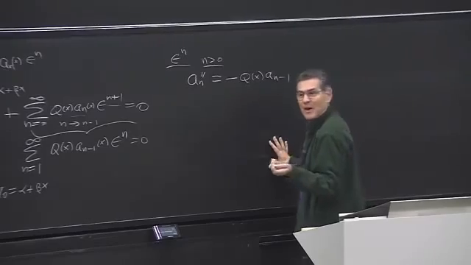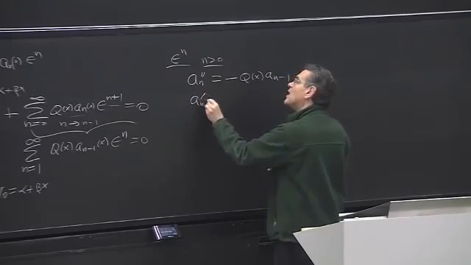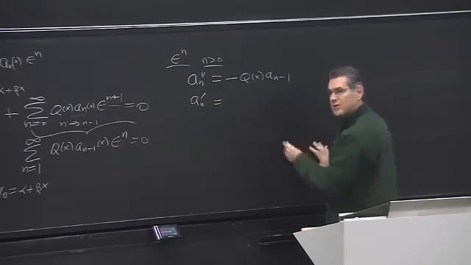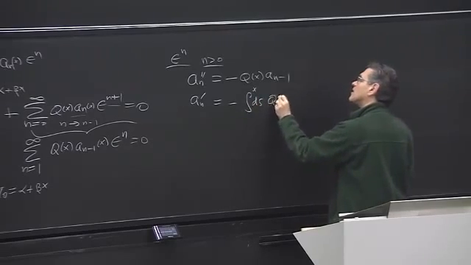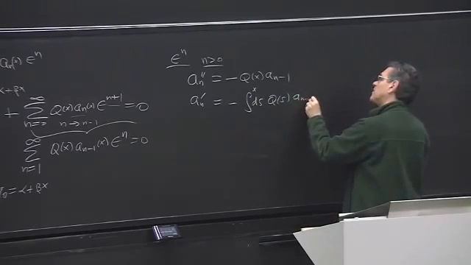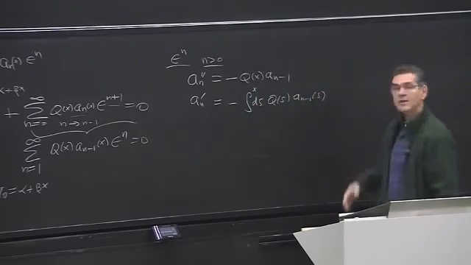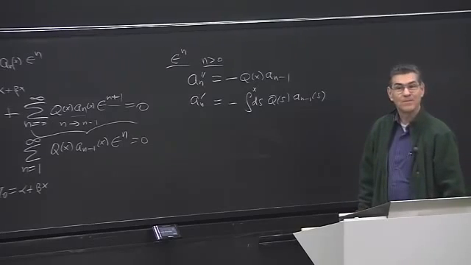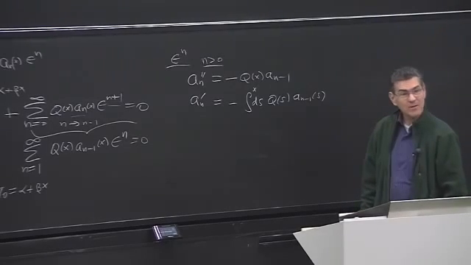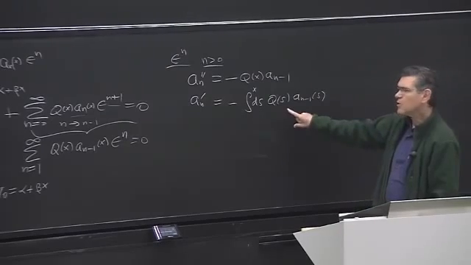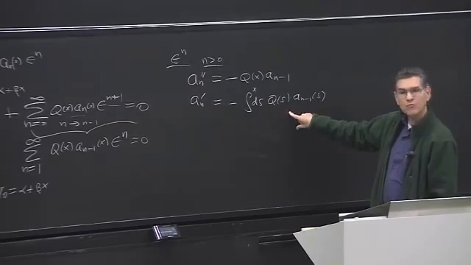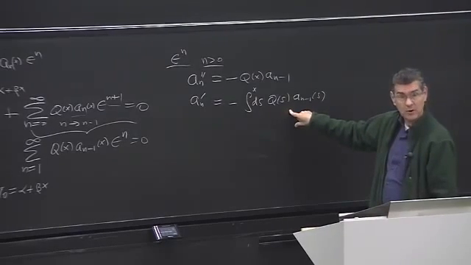It's trivial, right? So a_n prime, if I integrate this once, is just the integral up to x ds q of s times a sub n minus 1 of s. Done. And in fact, to be precise, we need to know what the initial conditions are.